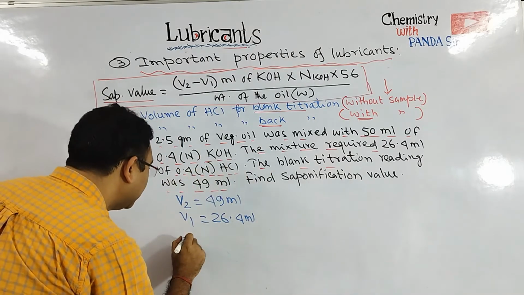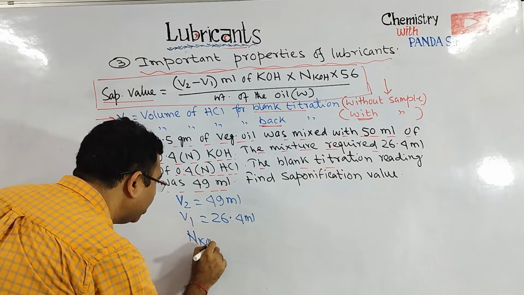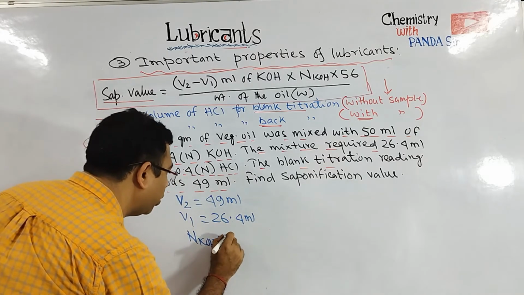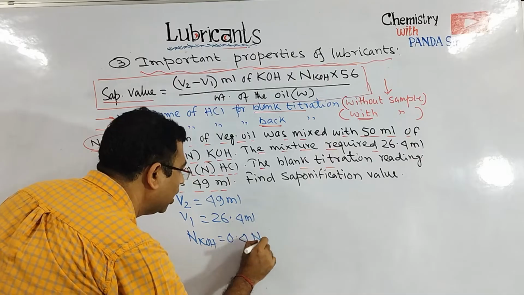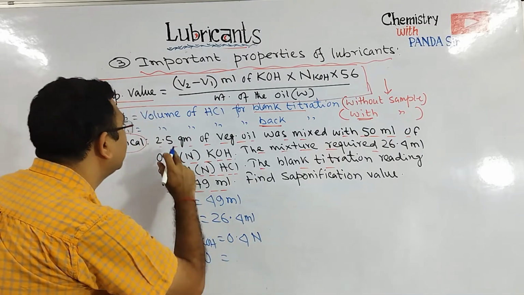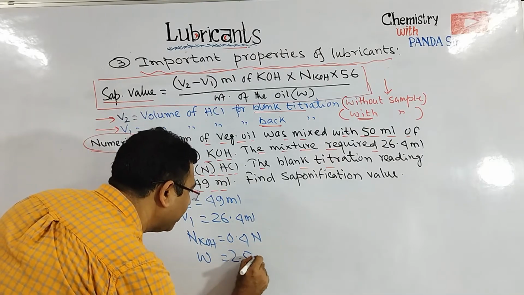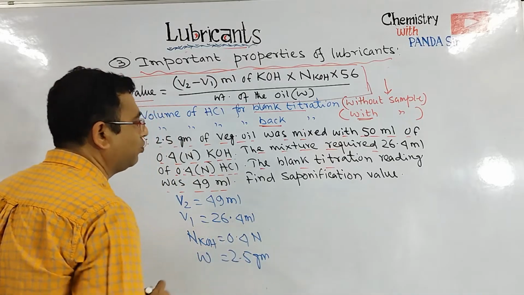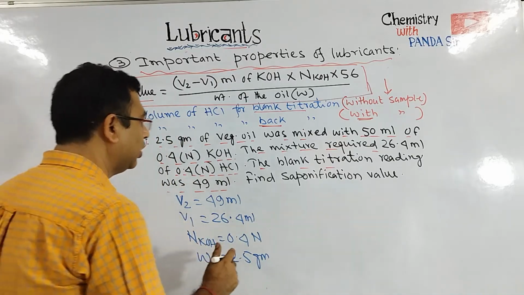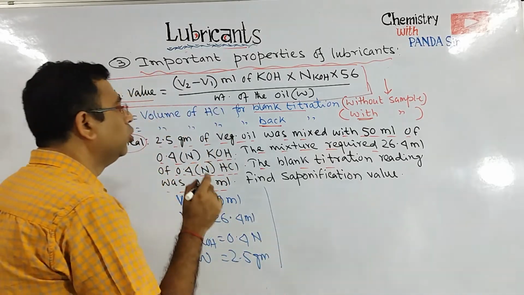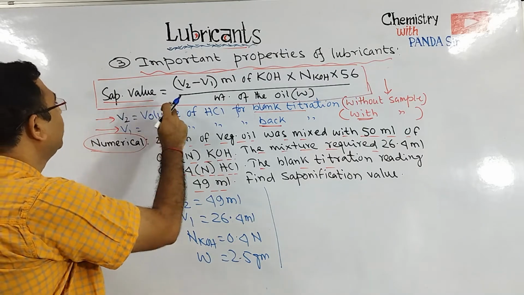What is the normality of the KOH? Everyone can notice that it is 0.4 normal. The weight of the oil is also given, 2.5 gram. Everything is straightforward. Now we'll put the values directly into the equation.